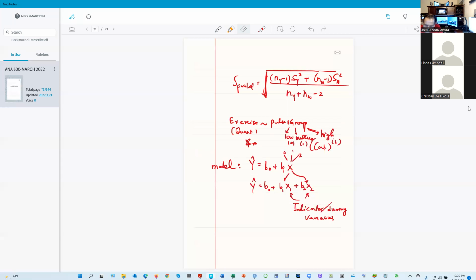Now come to this one. x1 can take either 1 or 0, and x2 also takes 1 or 0, but if you put these together, x1 means 1, 0 and x2 means 0, 1. If it is medium, the pair is now 0, 0.